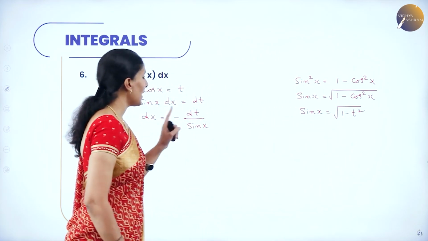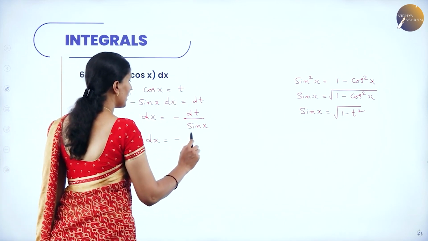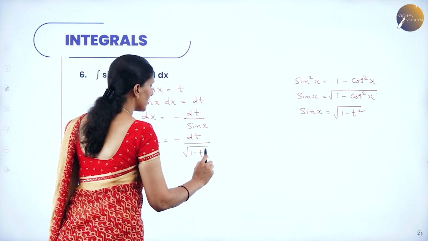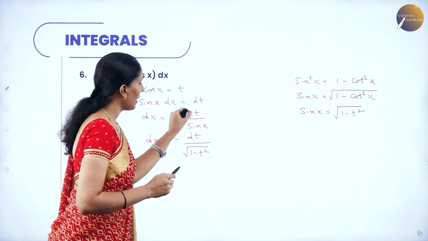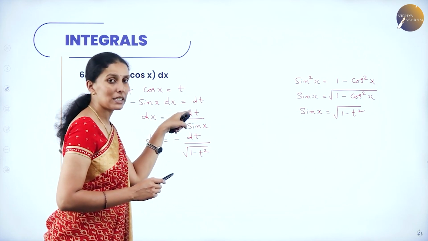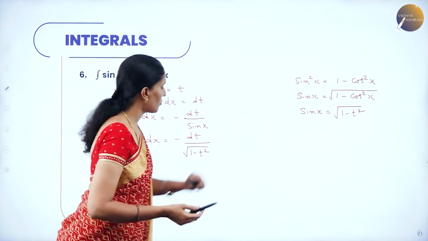So therefore in the place of sin x, I'll just replace it with minus dt divided by root of 1 minus t square, because different variables cannot be derived at the same time. Therefore, whenever it is expressed in dt, better you express sin x in the form of t only using that relation.